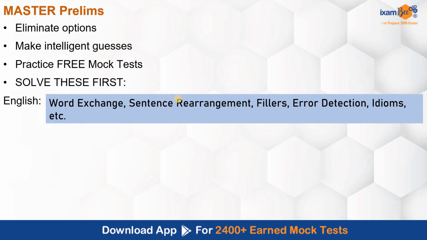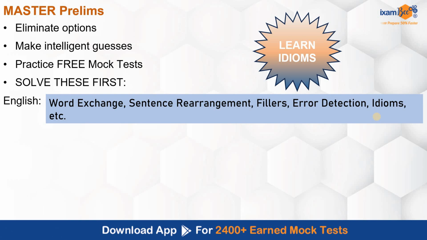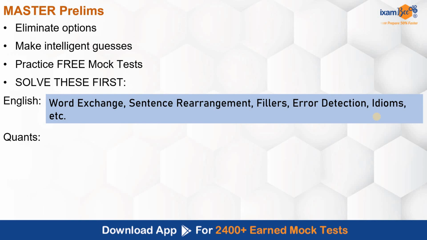So try to arrange the given parts in the order as given in the options, and then whatever order seems fine, that will be your answer, right? Fillers, error detection, idioms, right? Idioms we tend to leave for the end. It is a reminder, learn idioms now. This is the time to learn idioms. Many students make mistakes and get negative marking because they put a wrong guess for the meaning of an idiom, right?